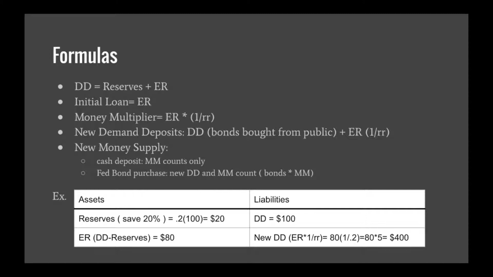In this case, it's 80 times 5, which is equal to 400. And so out of thin air, by loaning to other people over and over again, $400 have been added to the money supply, making a total of $500.